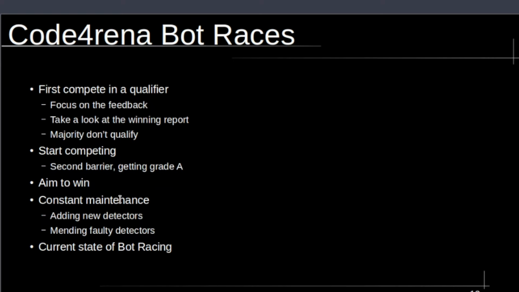But essentially what happens then is, alongside the qualifier round, there is the usual bot race, which also takes place. So all of the qualifier bots which are trying to qualify get compared to the winning bot of the general bot racing competition.